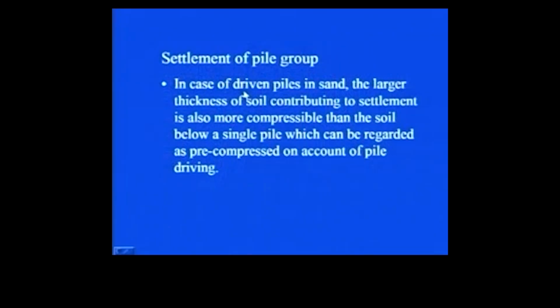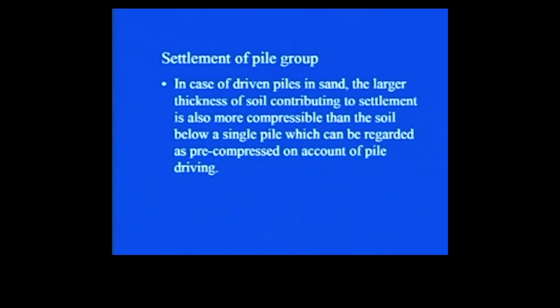However, that is not the case in a pile group. So, when the piles are driven in sand, there is a larger thickness of soil contributing to the settlement, and at the same time this larger thickness is compressible in nature.